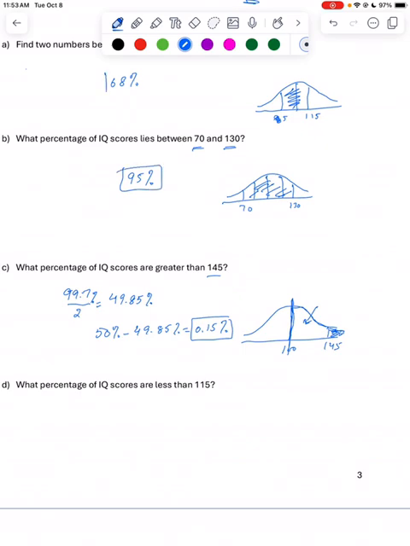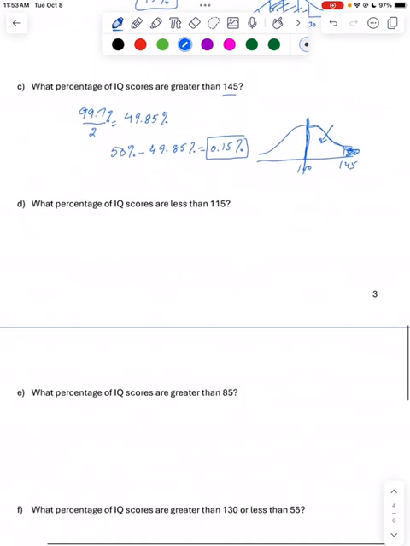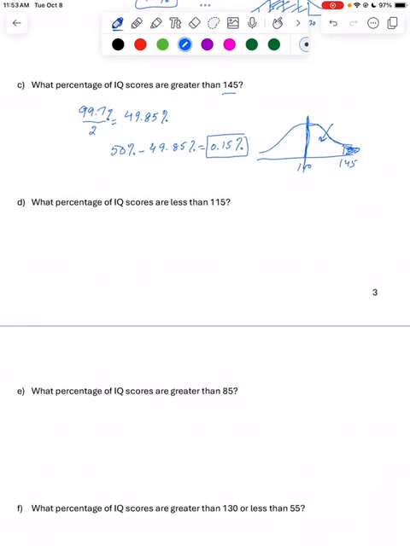What percentage of the IQ scores are less than 115? Okay, so again, draw this. So 115 is over here. That is 1 standard deviation above. So we want this area because we want less than 115. So it means this area plus this one.